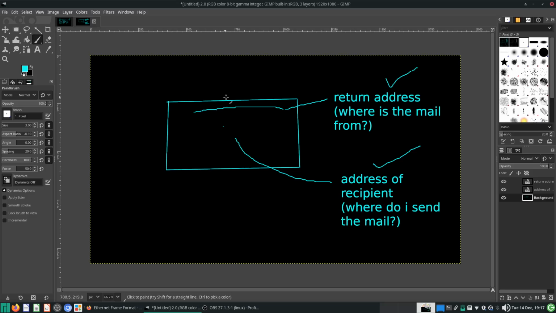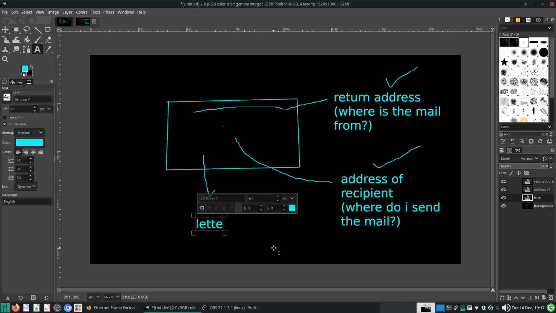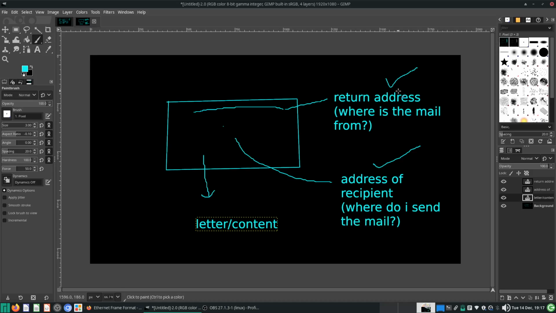So imagine when you send a packet of mail, inside the mail will be your contents, your letter, and outside on the envelope you will have all of this information such as the return address and the recipient's address. So it is your address and the address where you want to send the mail to. You probably just squiggle a few lines over here legibly, and over here legibly, to tell the postman where you are sending the mail to.